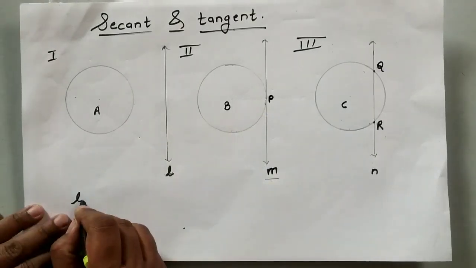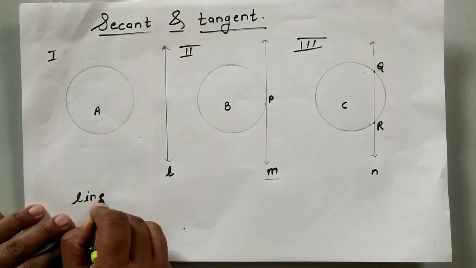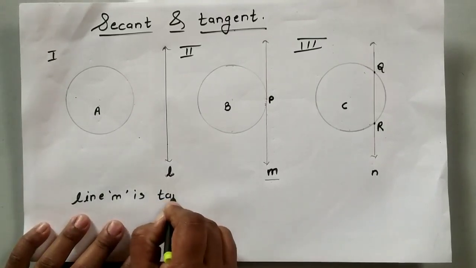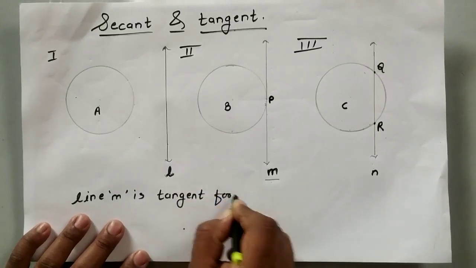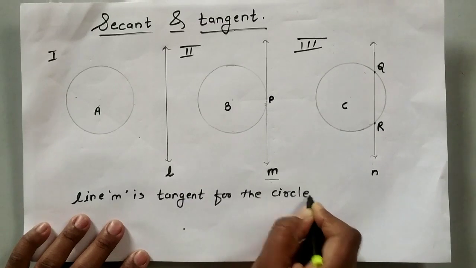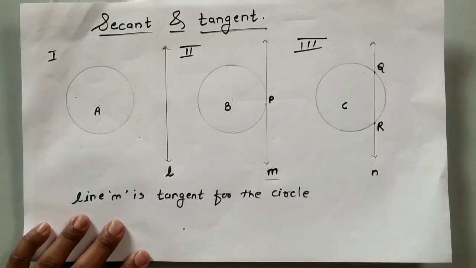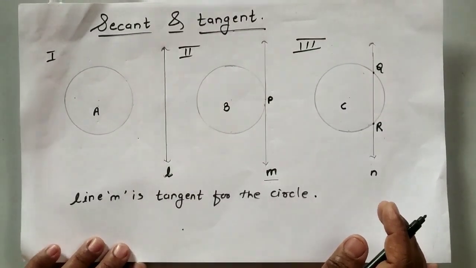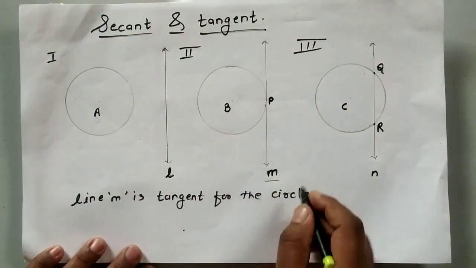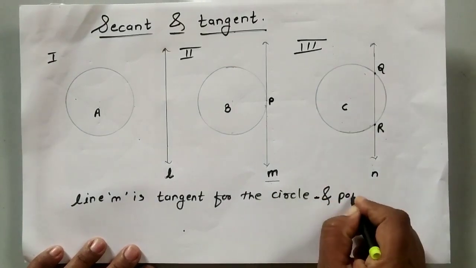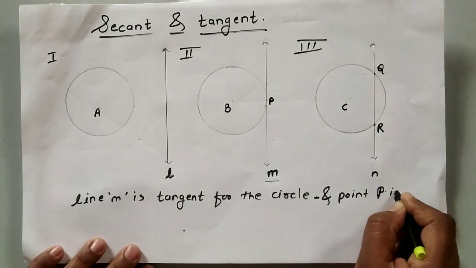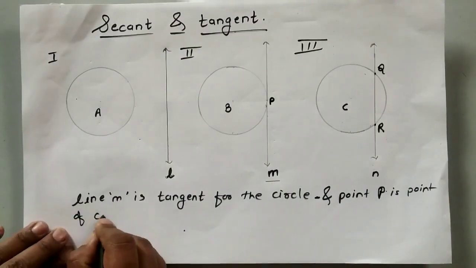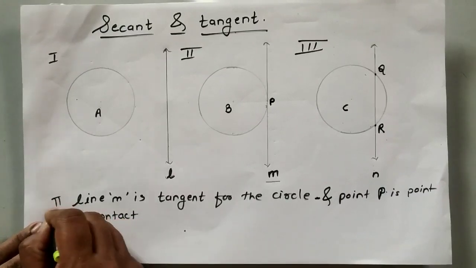For the second figure there is one point of contact, so line N is tangent for the circle, and point P is the point of contact. That is for the second figure.